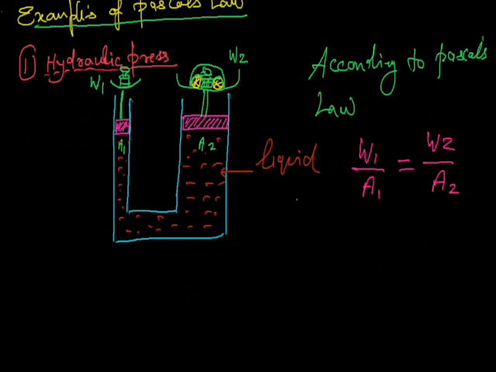If the area of cross section is greater, then the force is the multiple of the area. Because the area is 100 times greater, it can lift 100 times more weight. It can also be represented as F1 upon A1 is equal to F2 upon A2.